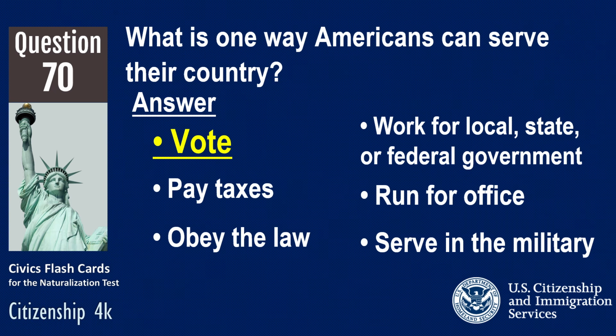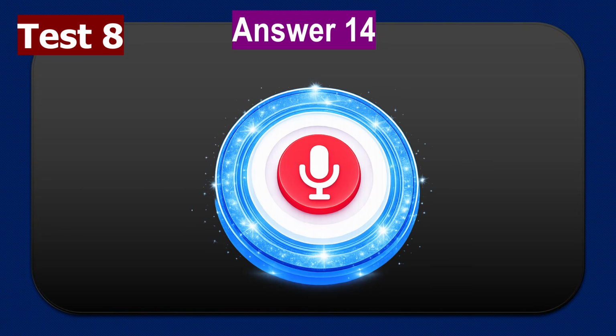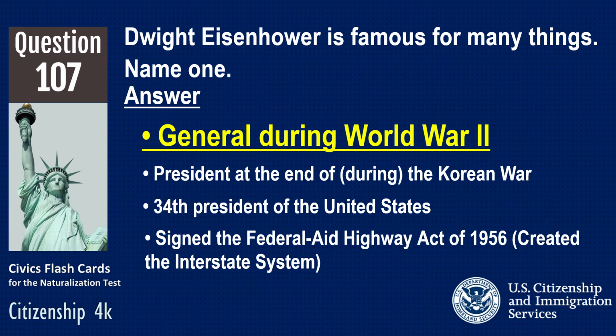Vote. Dwight Eisenhower is famous for many things. Name 1. General during World War II.